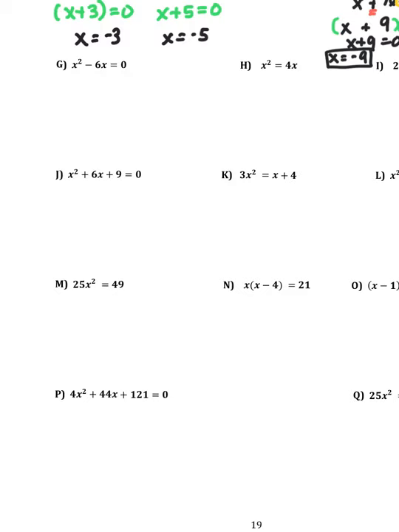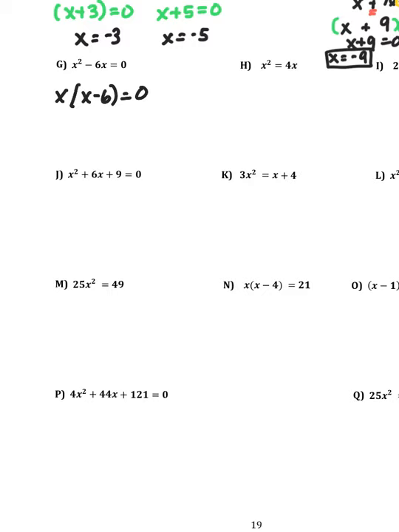So I'm not looking at any last term trying to figure out what is going to give me a 6. In fact, when I look at this problem, I ask myself the same thing as I start every factoring problem with: is there a GCF? And for this one, there is. The GCF is x, and what's left in parentheses is x minus 6.